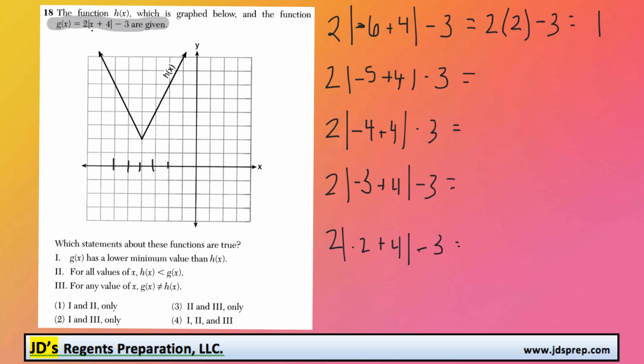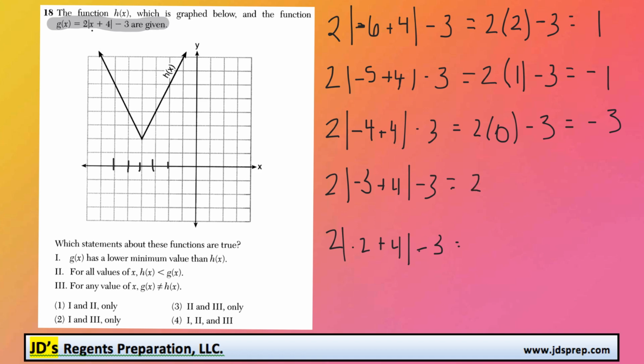Next one, 2 times the absolute value of -5 plus 4. That's -1, but the absolute value of it would be +1. Minus 3, and 2 minus 3 is -1. Next one, -4 plus 4 is 0. 2 times 0 minus 3 would get us an answer of -3.